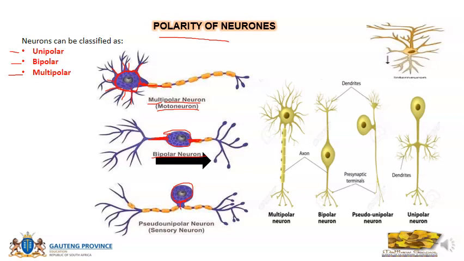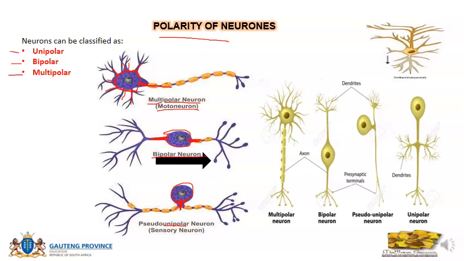And 1 is mono or uni. Hence, this neuron will be a unipolar neuron. It's written here pseudo-unipolar neuron because it's a kind of false unipolar neuron. It's false uni. That's why here it looks as if it wants to divide into 2, but the actual contact is made only by 1 cytoplasmic extension, so it's unipolar.